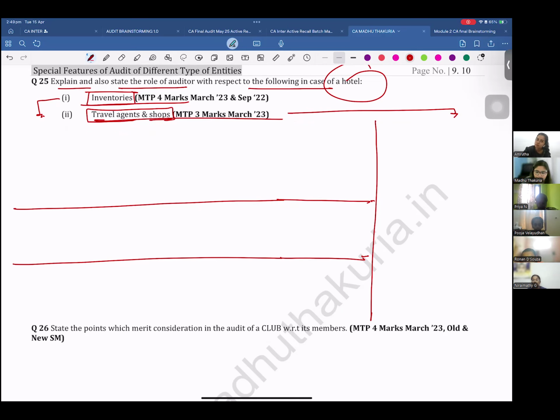So for example, if you know that your client hotel is also registered on Make My Trip, when you are doing the audit of the entire hotel, please also ask them how many bookings they receive from the travel agent, that is Make My Trip, right? Because the customer has made the payment based on Make My Trip only.